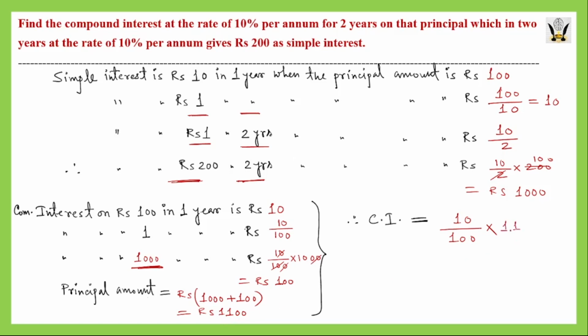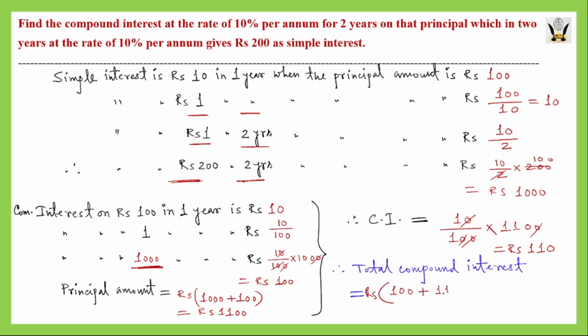So the zeros will cancel each other, and how much will be the interest in the second year? It will be 110. So the total compound interest will be how much then? In the first year the interest was 100, and in the second year this much is the interest amount. So after 2 years, the total compound interest will be 210, and this is how we simplify.